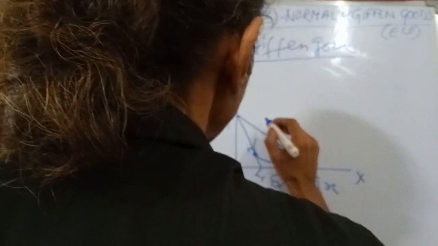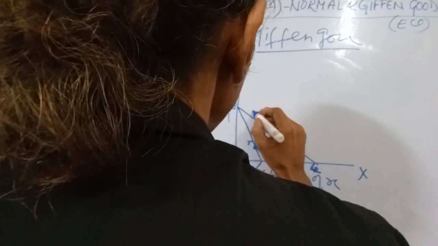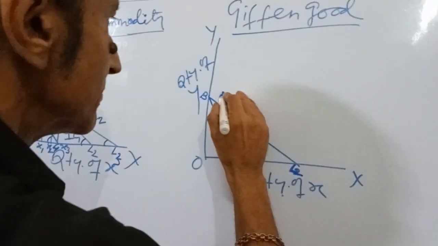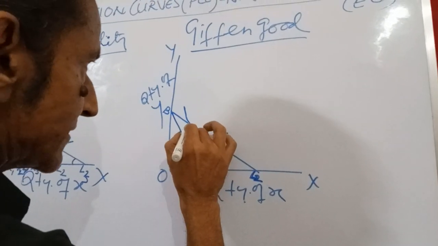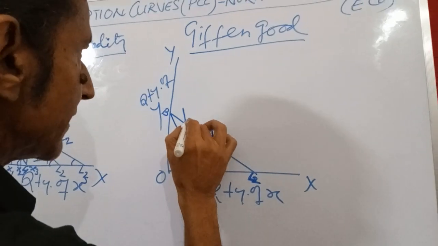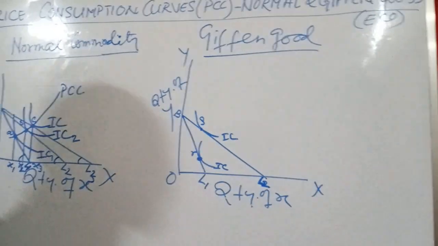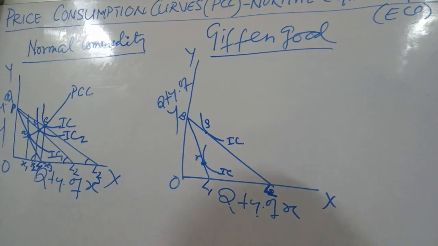Right? Here, the consumer is in equilibrium on IC2 at the point of tangency, say S. Correct?